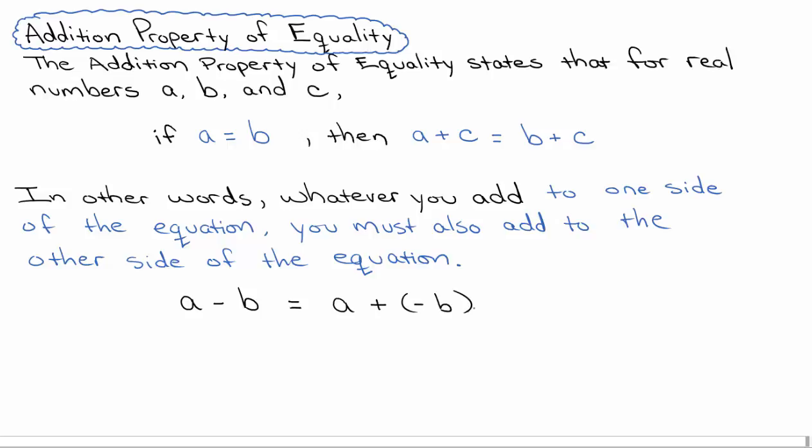So subtraction can also be thought of as addition. Adding a negative number is the same thing as subtracting a number. So when you hear the addition property of equality, don't think that it just means adding the same number to both sides. You can also think of it as subtracting the same number from both sides of an equation.